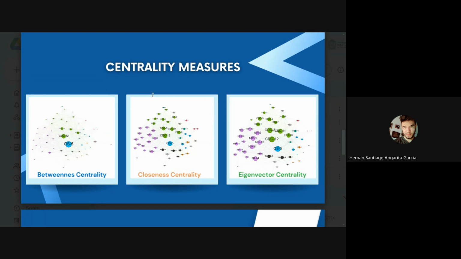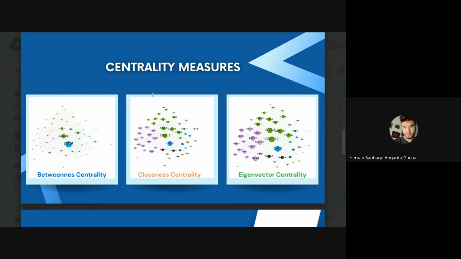Gephi is very smart, and it gives closeness centrality and eigenvector centrality. But these measures are very ignored by the authors. So the focus is on betweenness centrality, because closeness centrality and eigenvector centrality are not useful at all.